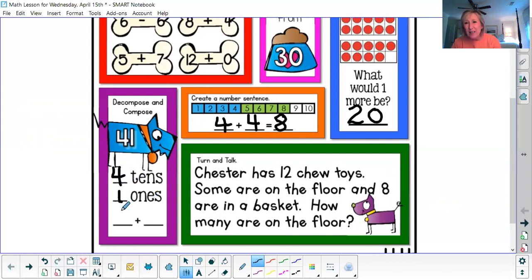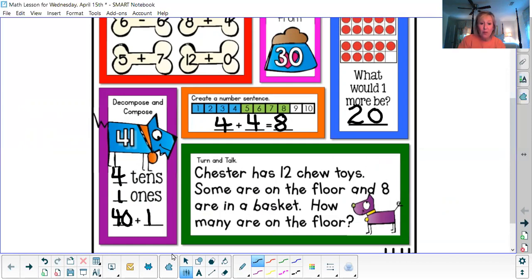But what that really means, if there's a 4 in the tens place, it really means that there are 4 tens, which is 10, 20, 30, 40. 4 tens is really 40 plus 1 more. So 41 is really 40 plus 1.